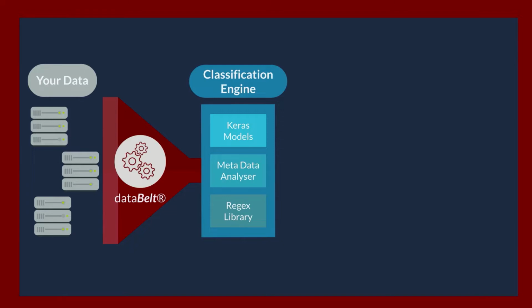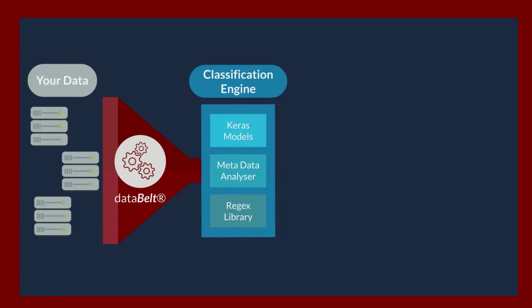We then run an optical character recognition scan across those frames and any other images you have to tease out textual information. We also automatically transcribe any audio recordings that you have into text. That then allows us to compare all of your data against our Keras models and regex library, and for any matches that are found, the data is updated with the relevant tag.